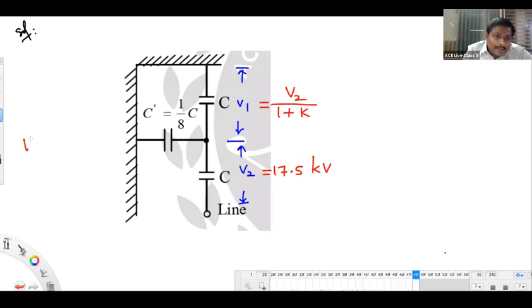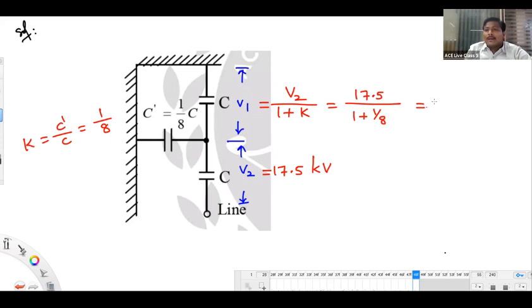What is capital K? C dash by C. C dash by C is what? 1 by 8. So it will be 17.5 by 1 plus 1 by 8. I think it may come to 15.55 kV. Clear? And what is the line voltage of the complete string now?